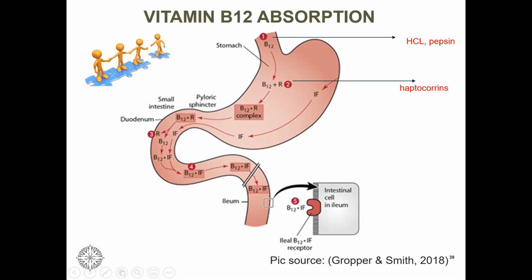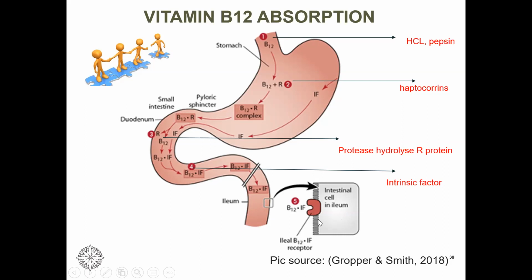The ileum is the place where B12 is absorbed. Here these R proteins are acted upon by proteases, so they are metabolized or removed from B12, and now intrinsic factor gets attached to B12. When it reaches the ileum, they are both absorbed at the intestinal brush border.